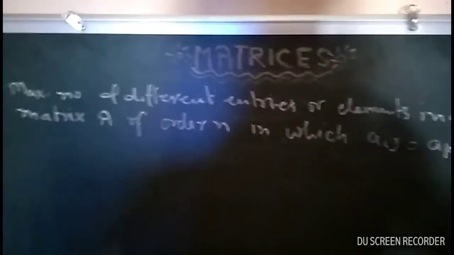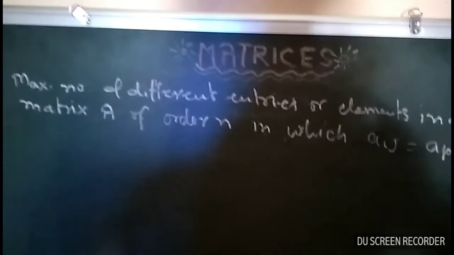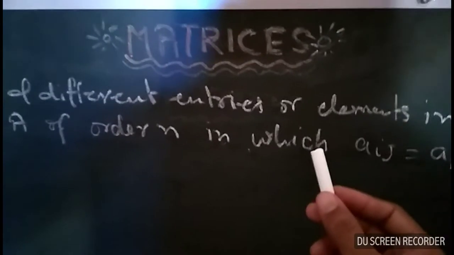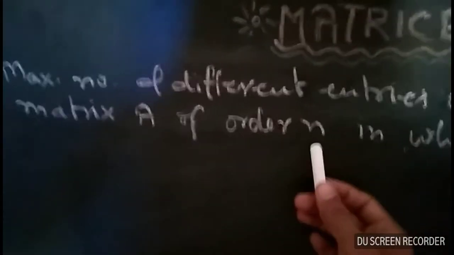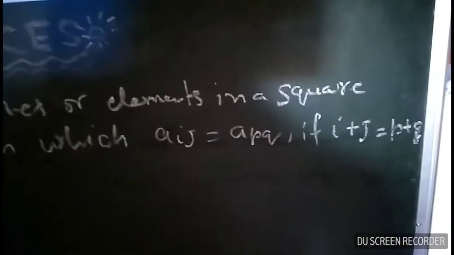Now let us take a question on the number of diagonal elements in matrices. The question is: the maximum number of different entries or elements in a square matrix A of order n, in which Aij equals Apq if i plus j equals p plus q.